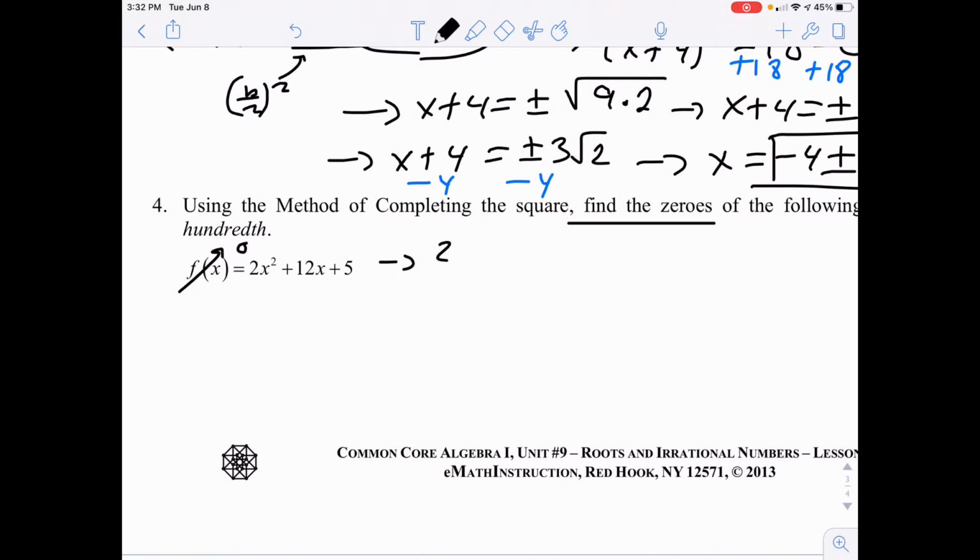So let's do that. 2x squared plus 12x plus 5 equals 0. But recall, guys, when you are completing the square, you only do it on the first two terms, and completing the square only works when the lead coefficient is 1. Clearly, you can see the lead coefficient is 2. It's not 1. So we have to factor out that lead coefficient.